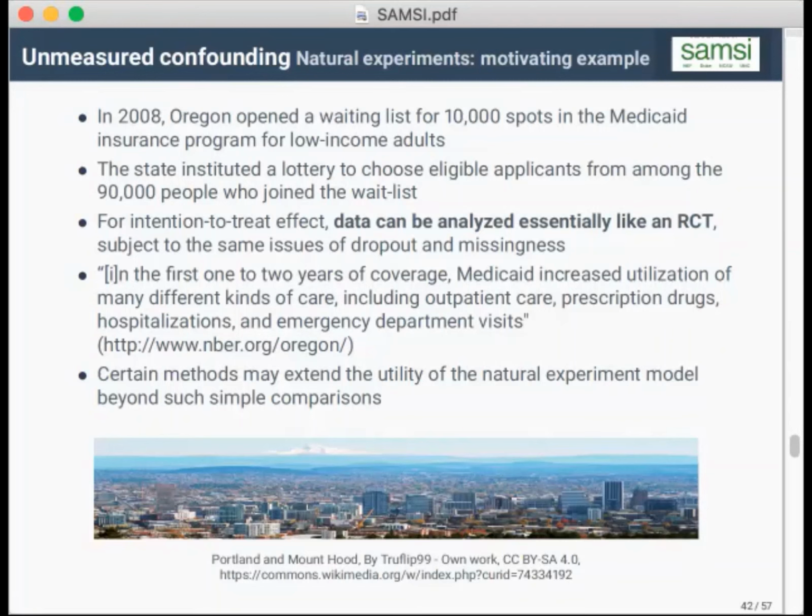Most natural experiments are not quite this clean and require some extra statistical finessing in order to turn them into what looks like a randomized experiment. But if you're really lucky, you'll be interested in studying the effect of some kind of exposure that was turned into a lottery by a government agency.